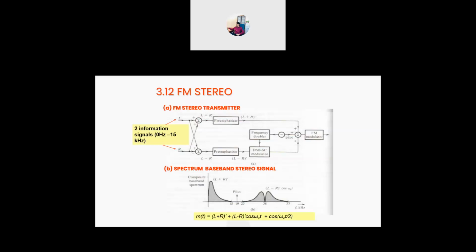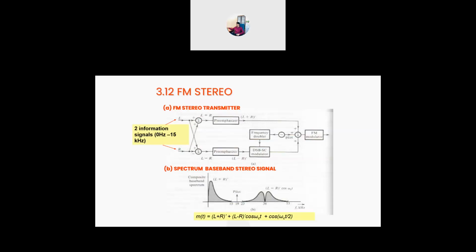Then you have L plus R prime, which goes to the next addition. For the other path, we have the same, however it will be minus: left minus right. They also undergo the pre-emphasizer, and then we have L minus R prime.